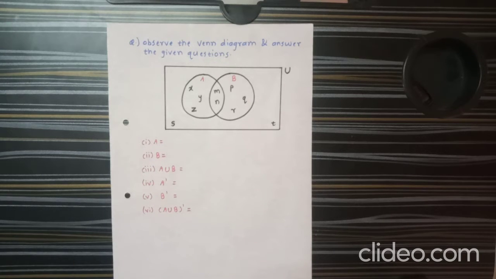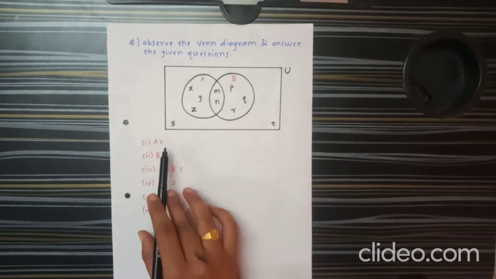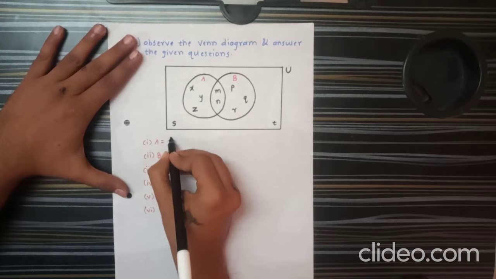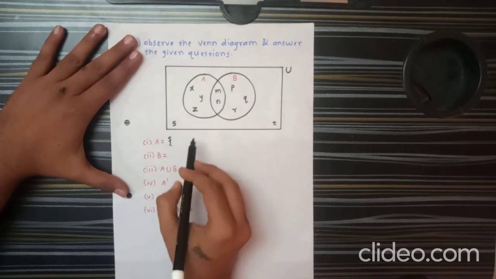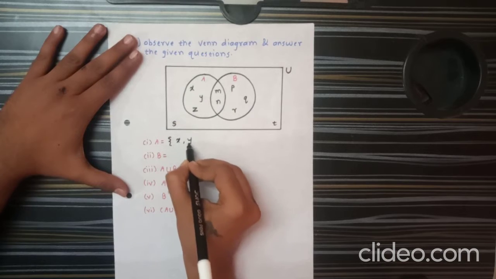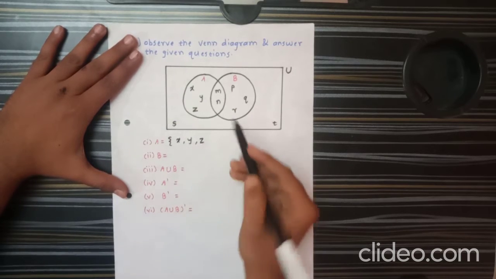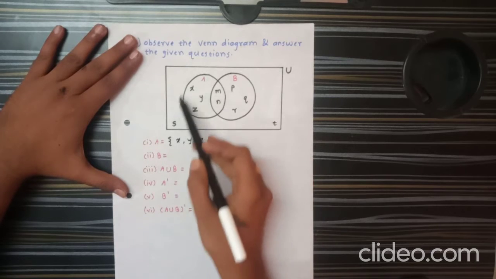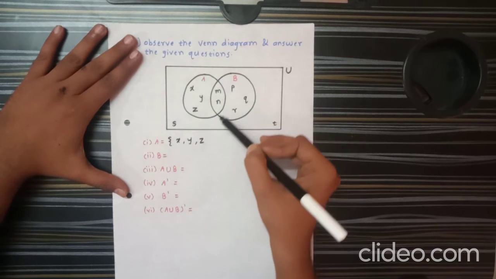So the very first one given to us is A. Now we have to write set A from this particular Venn diagram. Set A has these elements X, Y, Z. Also we are going to write M and N because they are part of set A also.